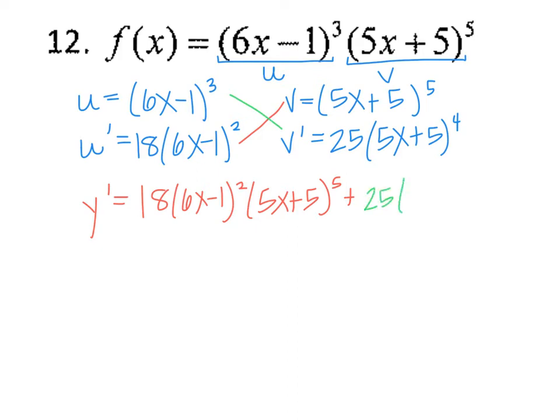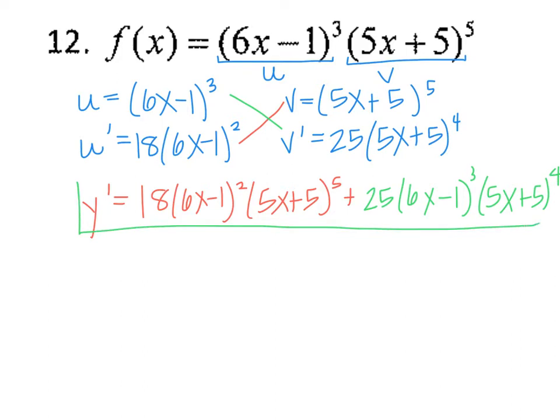And I'm going to keep these in the same order. That helps me organize my information. (6x minus 1) to the third, and (5x plus 5) to the fourth.